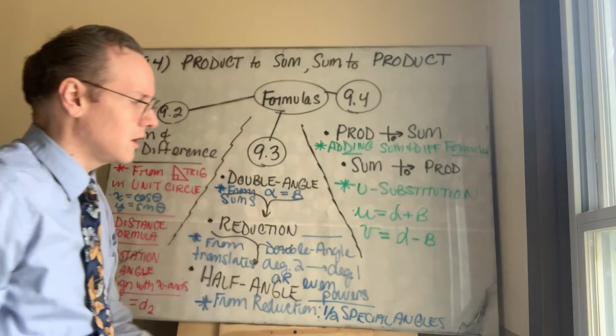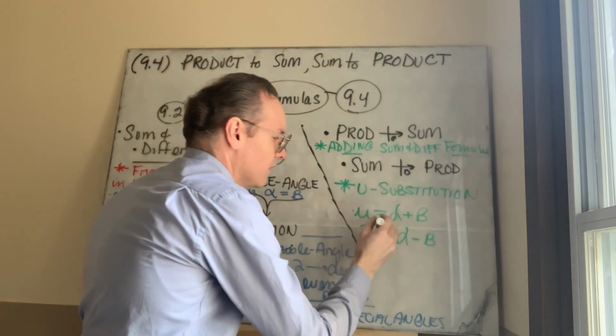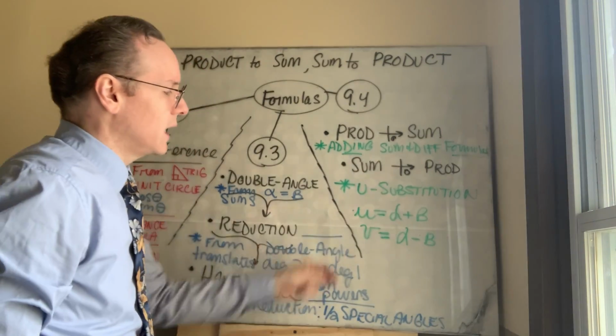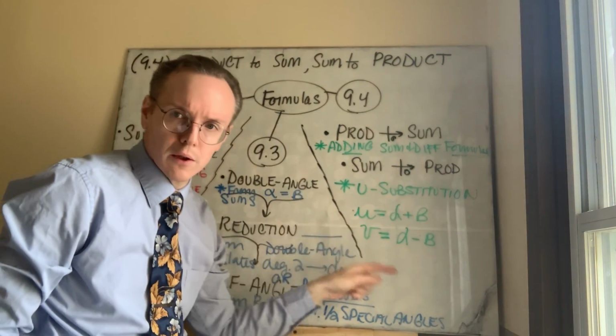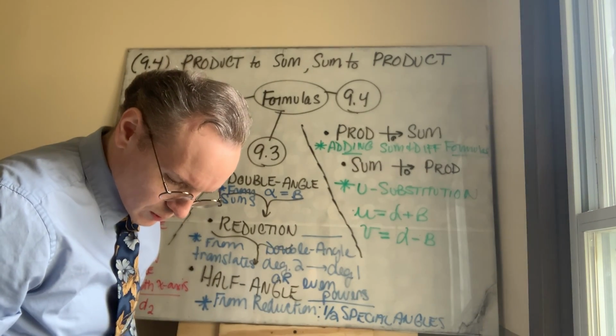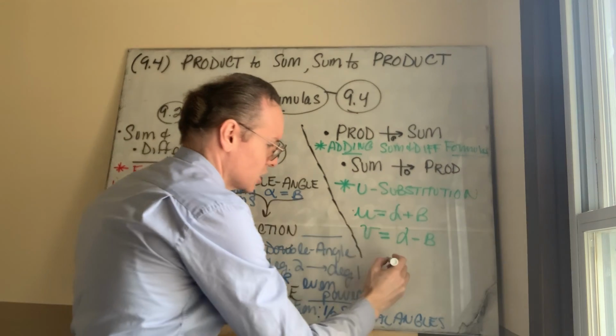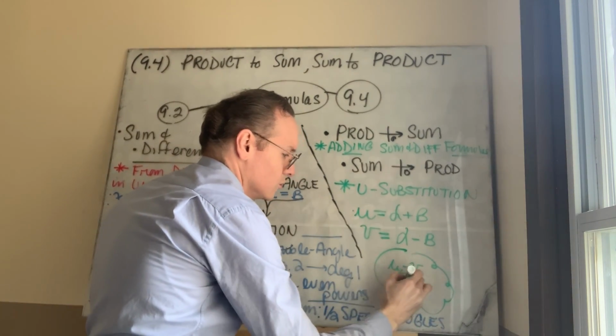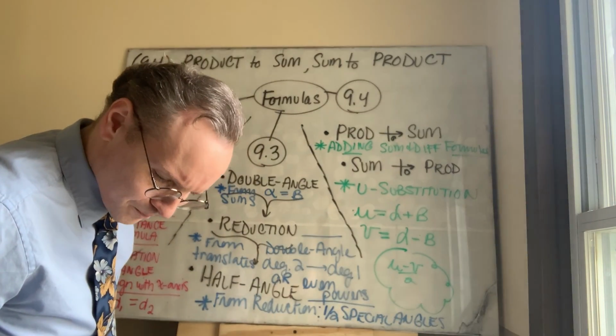Manipulating these, and solving for, say, alpha and solving for beta, and then plugging it into the other incarnation of this, basically what that ends up being is that you have expressions like U minus V over 2 and U plus V over 2.